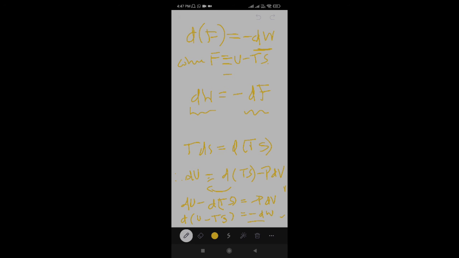This is the definition of the free energy. Based on this, we may write the second Maxwell's equation as well.